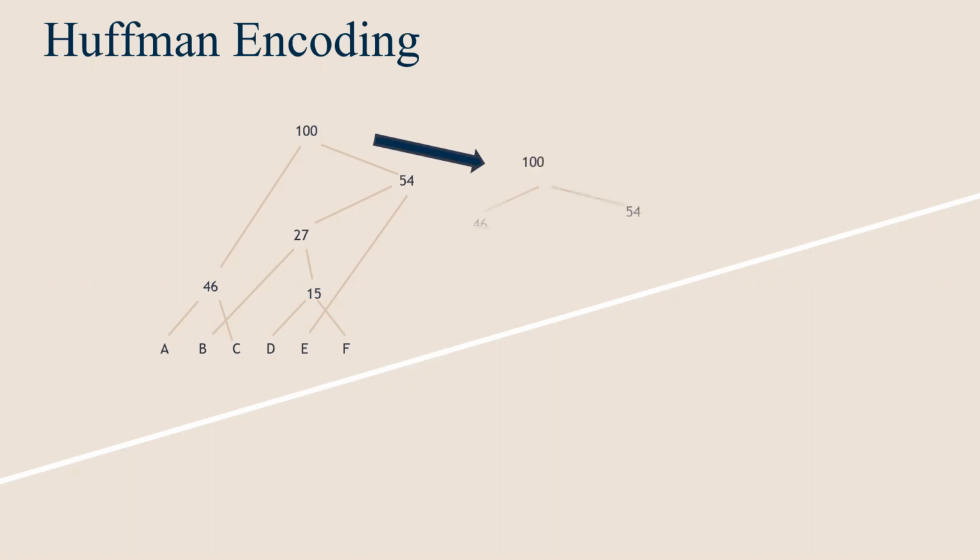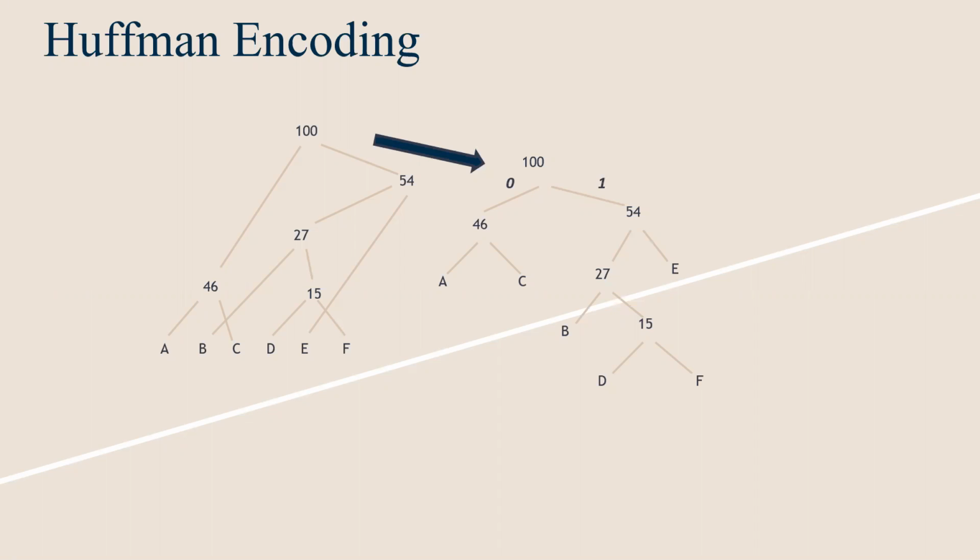Now we will encode this by putting 0 and 1 on each side. We will use the encoding technique of putting 0 on the left side and 1 on the right side.